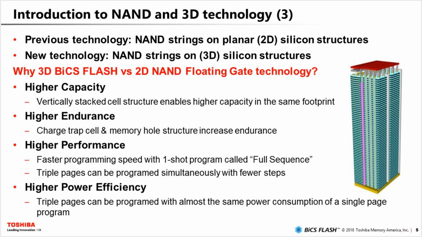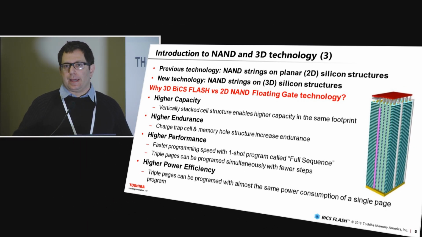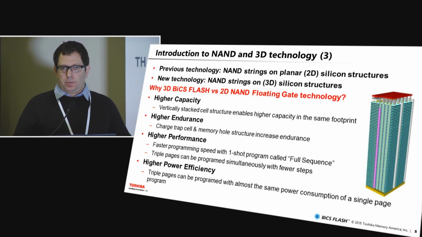Now, why move to 3D NAND? Well, in 2D NAND, as I mentioned, the number of electrons you could store per cell has become really low. Making the technology even smaller would make it much more difficult and much less reliable. Therefore, the choice was to move to 3D NAND. 3D NAND allowed us to relax some of the technology node by adding additional layers or floors in this building.